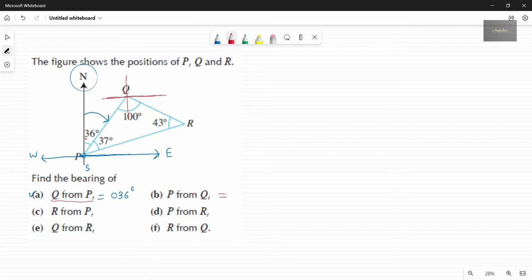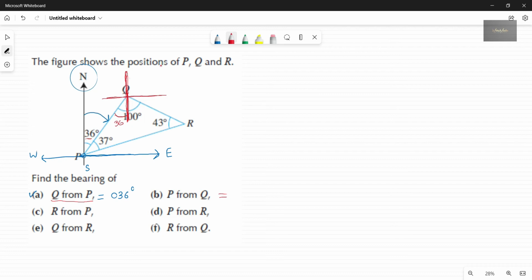I can see a 36-degree angle with the line of north, which is vertical. So this 36 will be shifted to this vertical line at Q, which I'm making bold so that you can understand. If this angle is 36, then the angle from QP to this vertical line is also 36, right?